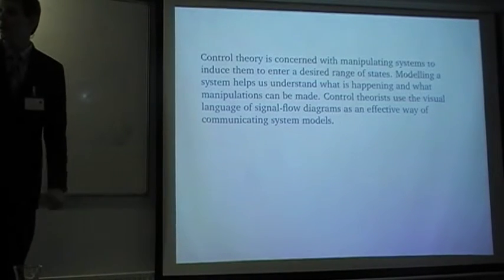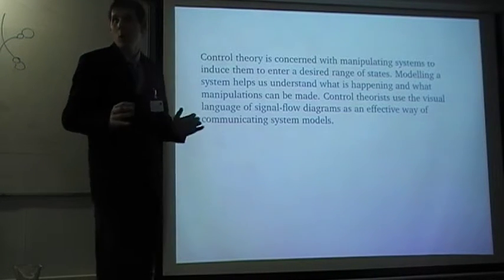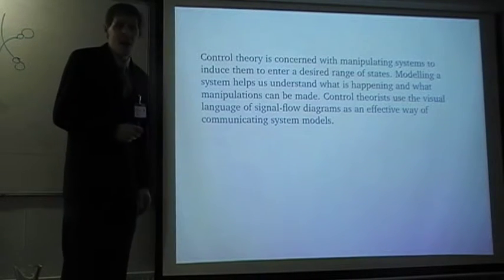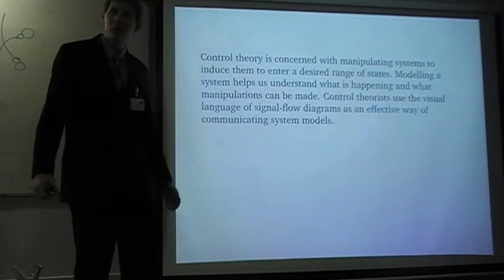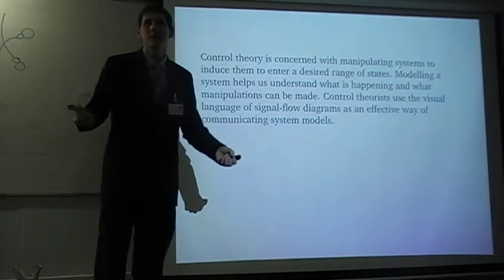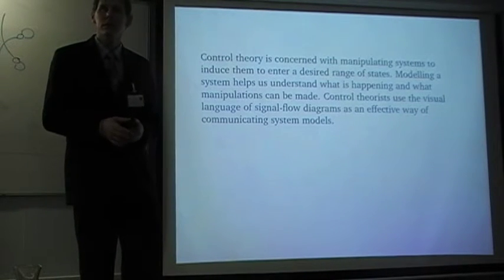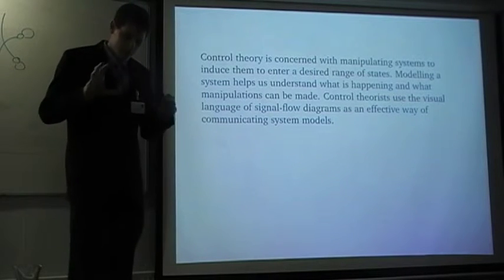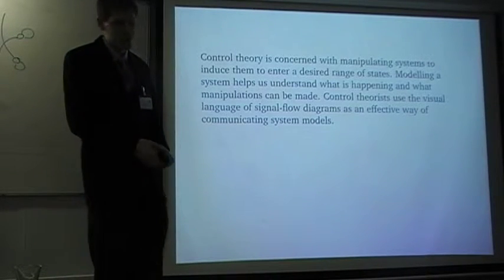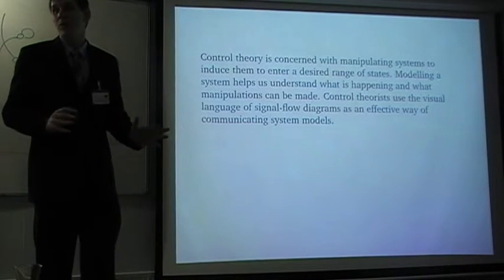Okay, so like I said, in control theory, I like to talk about manipulating the system to get it to do what we want it to do. So here's the example right there of the inverted pendulum. A more familiar example perhaps is a thermostat. You have the temperature of the room that the thermostat is measuring, and then it controls the air conditioning or the furnace, which makes the room hotter or colder, and then it measures the temperature of the room again, and you can see the temperature of the room eventually getting to where we want it to be.